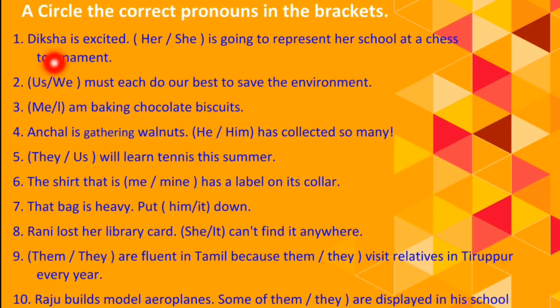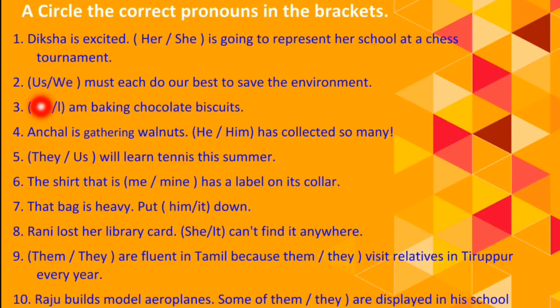Diksha is the name of a girl. So what do you have to use, her or she? It is she. Diksha is excited. She is going to represent her school at a chess tournament.